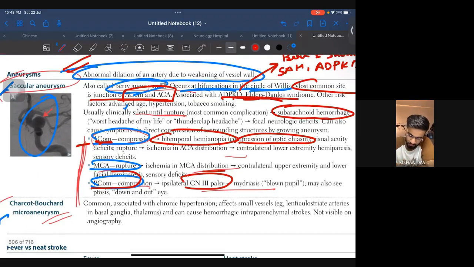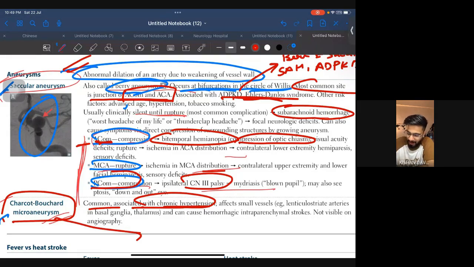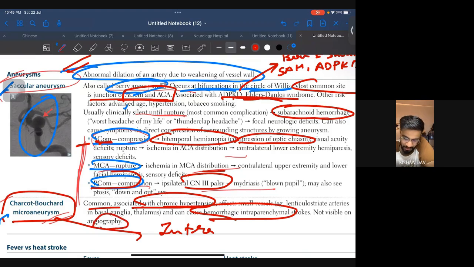Coming to Charcot-Bouchard microaneurysm associated with hypertension. So ये mostly हमने देखा intraparenchymal hemorrhage. It is given here. Intraparenchymal hemorrhage is not visible on angiography, but saccular is visible on angiography. So make this very clear. अगर intraparenchymal hemorrhage आ रहा है and instead of intraparenchymal hemorrhage, they will give you basal ganglia.